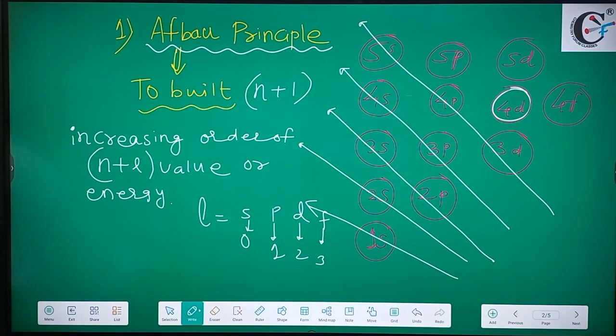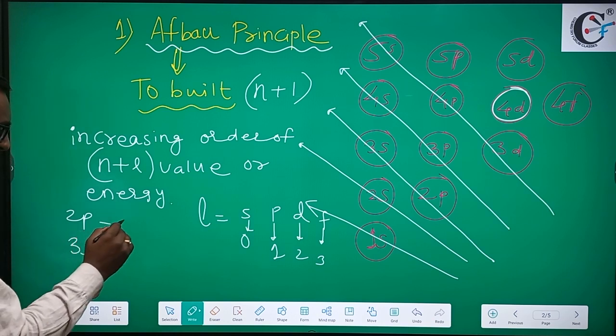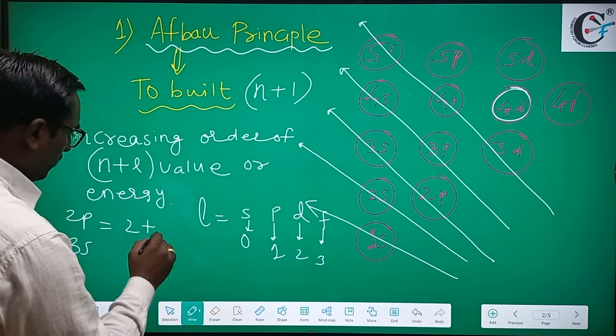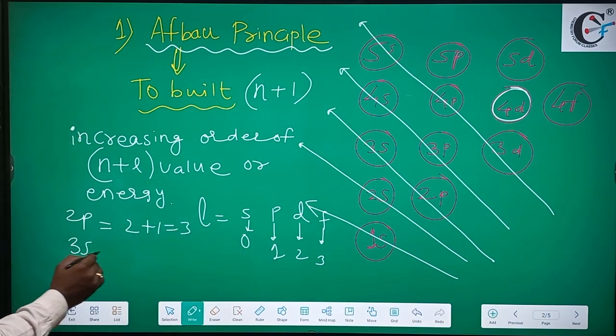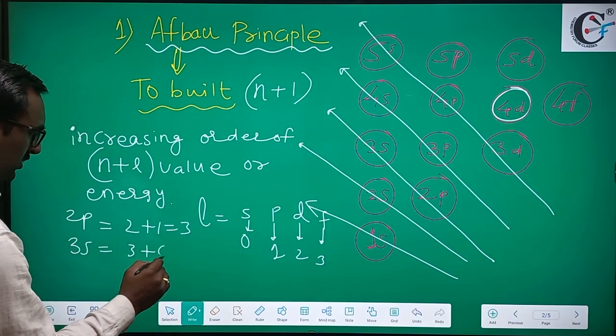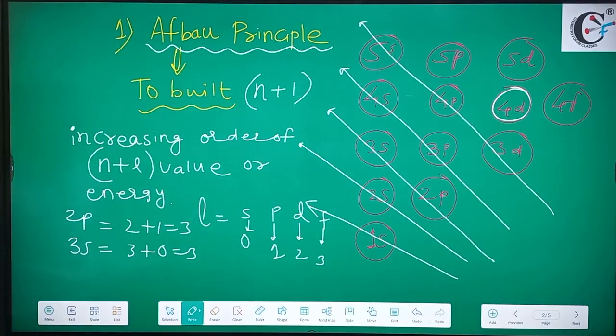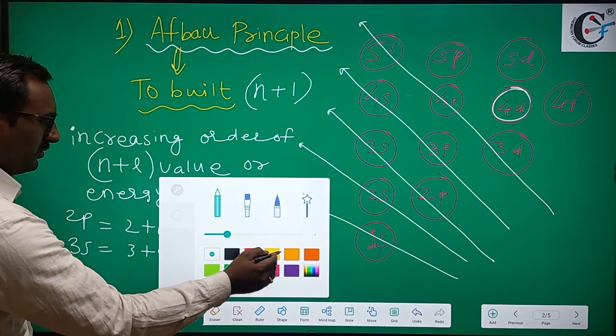Now what happens whenever we have the same n plus l value? Suppose we have 2p orbital and we have the 3s orbital. We know that it is 2 plus 1, it is 3, and this is 3 plus 0, also 3. Both are having same n plus l value.